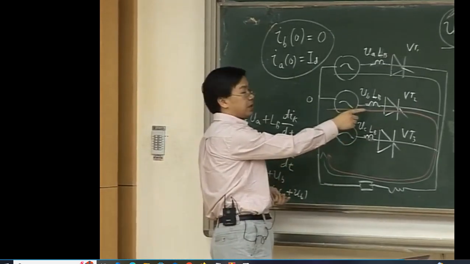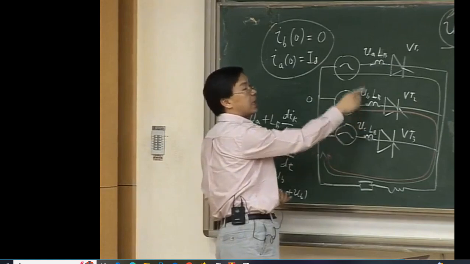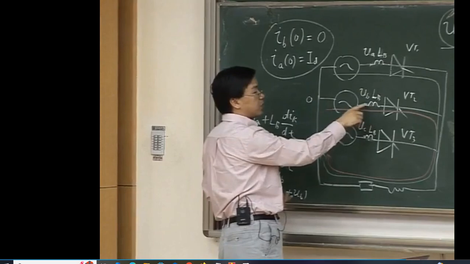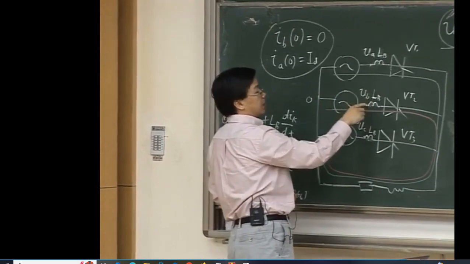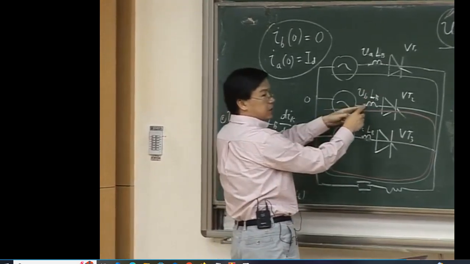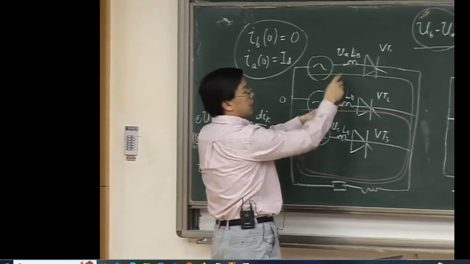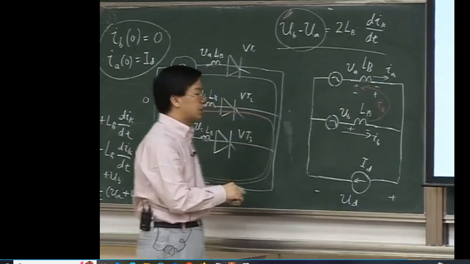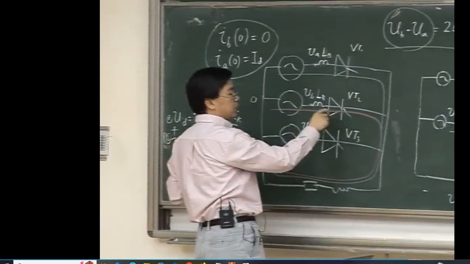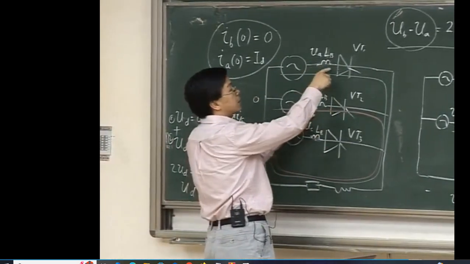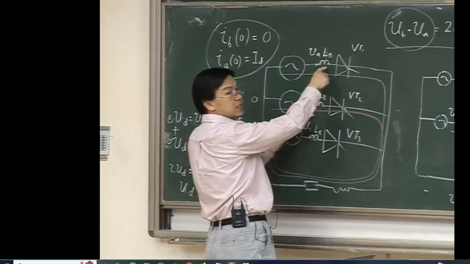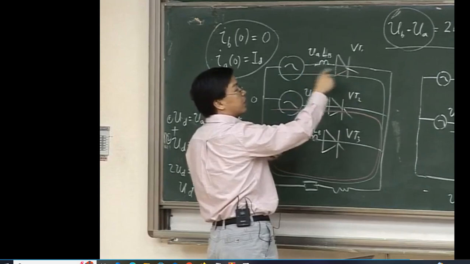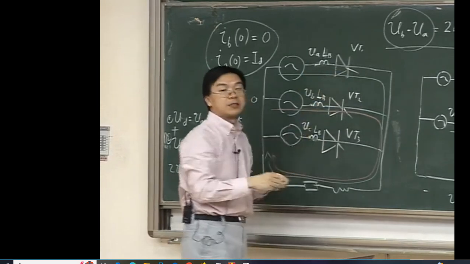When I trigger VT2, because UB is higher than UA, this voltage difference between UB and UA will generate this current here. So gradually, the current flowing through VT1 will be increasing, and this current, initially it's ID, but because of this reverse current, the total current flowing through VT1 will be decreasing.